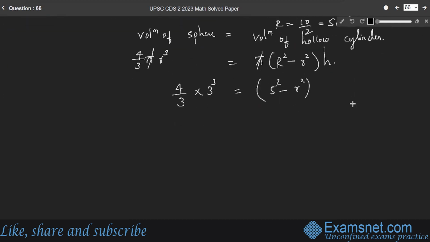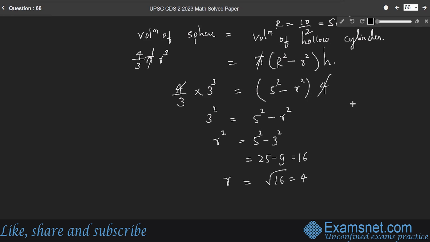So we can cancel the 4, and 3 cube by 3 is 3 square, equal to 5 square minus r square. Therefore, r square is equal to 5 square minus 3 square, so it is 25 minus 9, 16. Therefore, the internal radius is square root of 16, which is 4 centimeter.